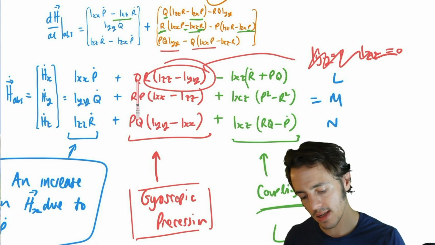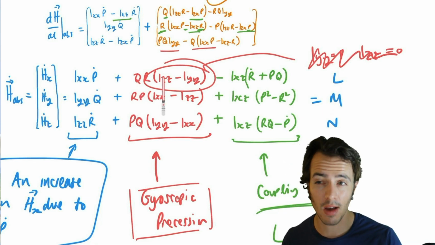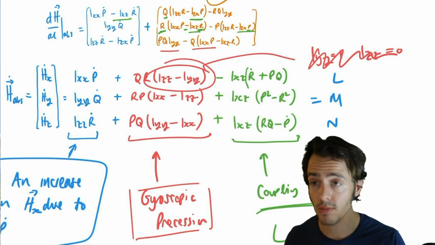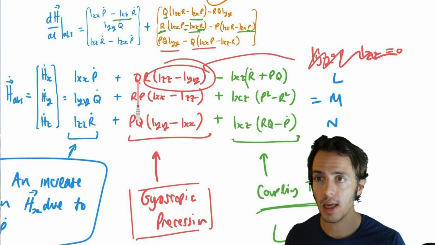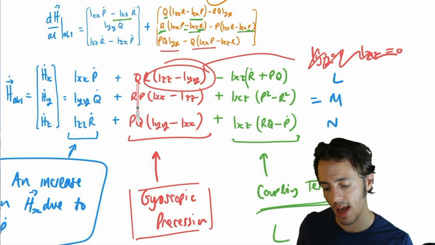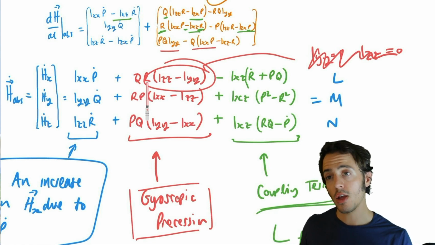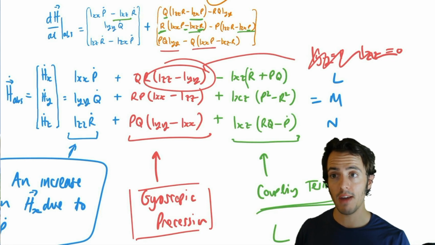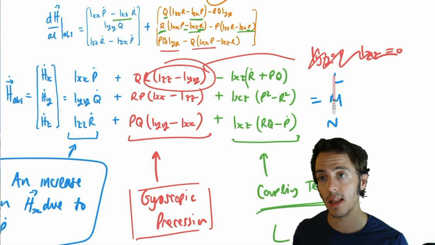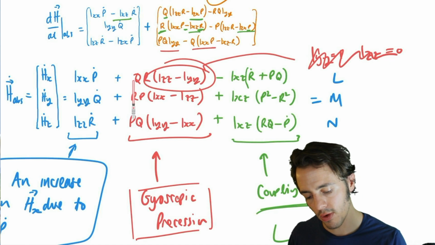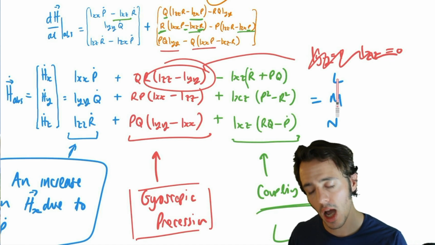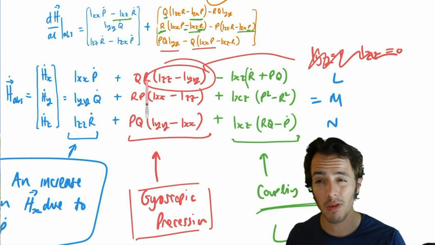We can see here that if we've got an aircraft that has IXX and IYY being different, which it will, when we have both, say, a pitch rate and a yaw rate, that will be affected as a moment in the roll axis. This gives us a coupling due to gyroscopic precession, or more, I should say, if we've got a pitch rate, if we have an increase in L, we'll see an increase in R.